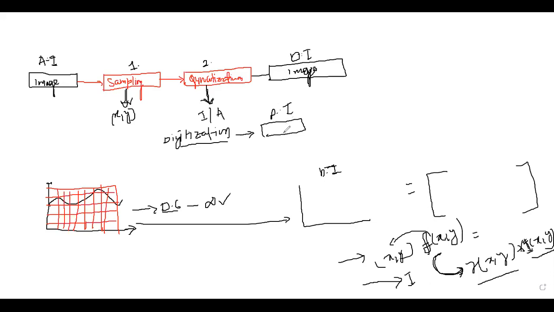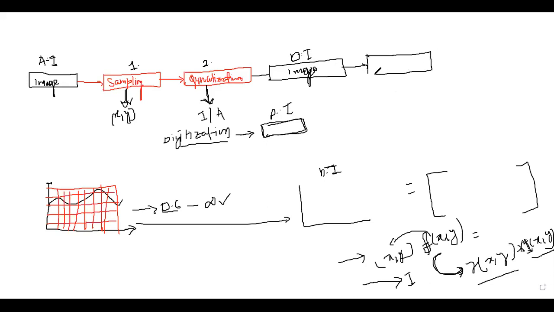Once I perform digitization, I will get a digital image. Whatever processing I need to do, I will perform it. After processing, the result will be in what form? Digital image form. And as I know, we cannot see the digital image. Again, क्या करना पड़ेगा?